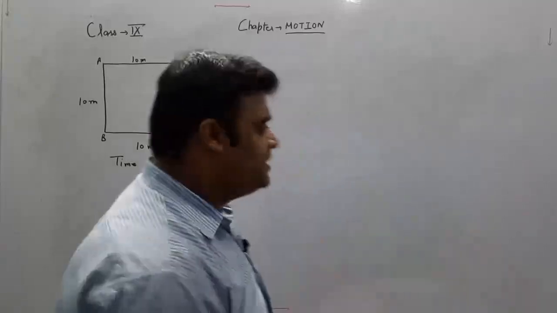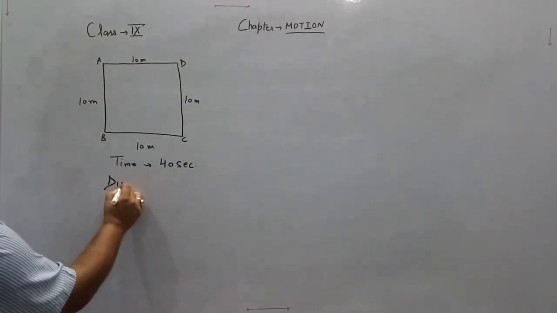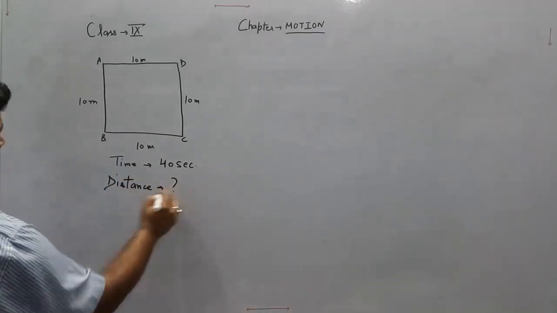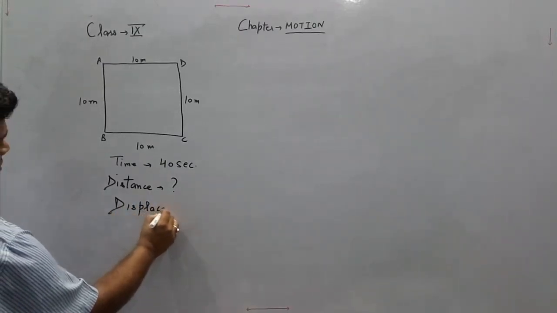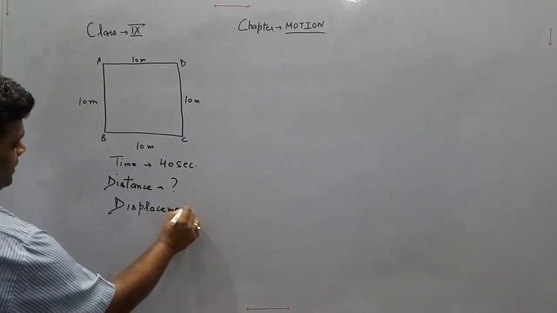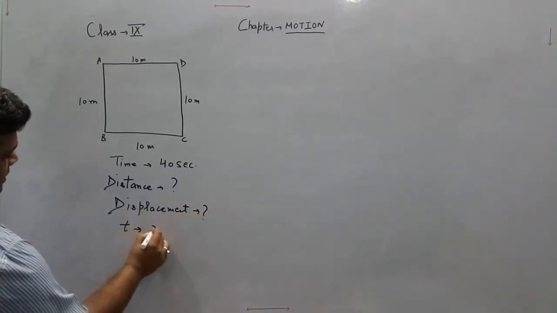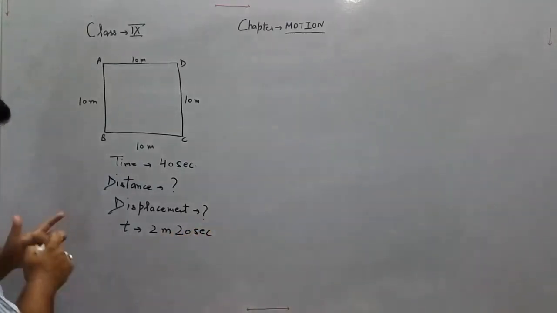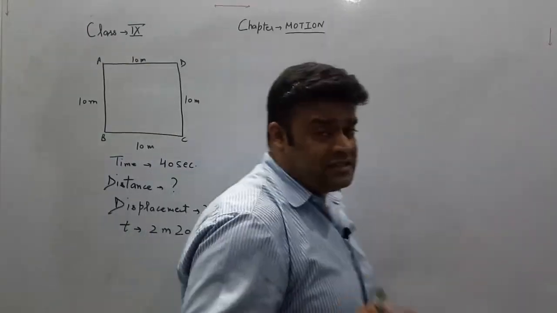That is, two things we have to find: first distance and second displacement, in a particular time period, that is after 2 minutes and 20 seconds. Try to understand this question again.